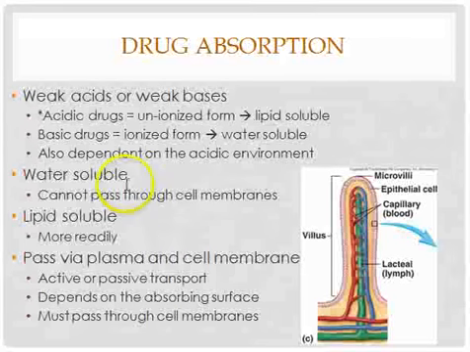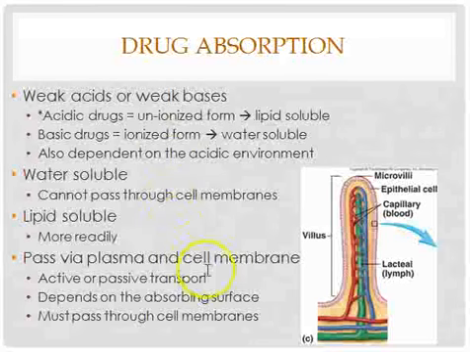Okay, so again, water soluble, lipid soluble, we already talked about that with the phospholipid bilayer. And then the less of a charge there is, the easier it will absorb as well. So that's where that unionized piece versus ionized piece can play a role too. So if you don't have a charge, it's going to be absorbed more easily.